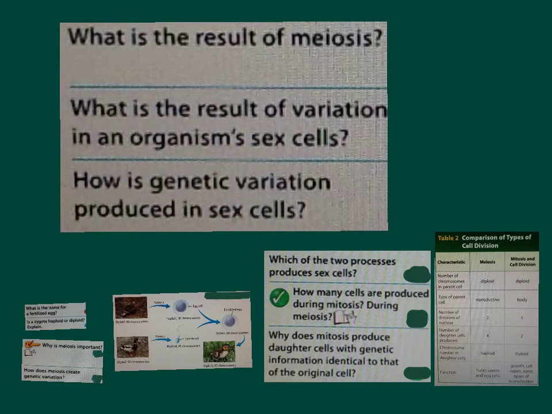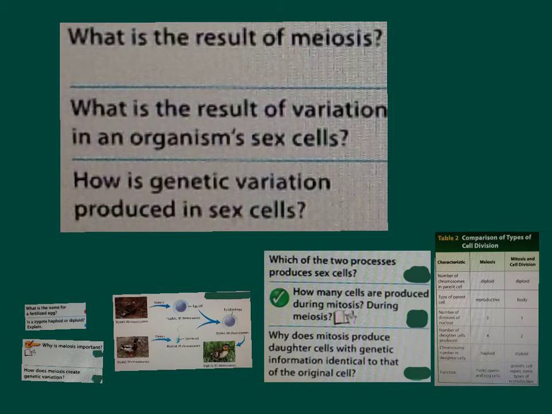The resulting sex cells contain new combinations of genes. The genetic makeup of offspring is a combination of chromosomes from two sex cells. Variation in the sex cells results in more genetic variation in the next generation. Key concept check. Why is meiosis important?